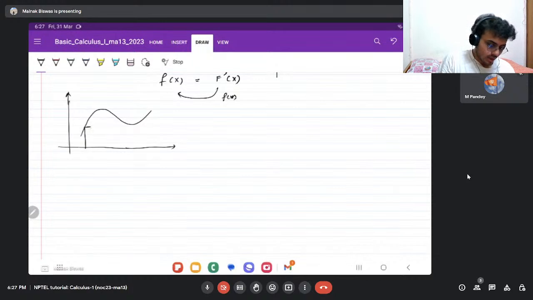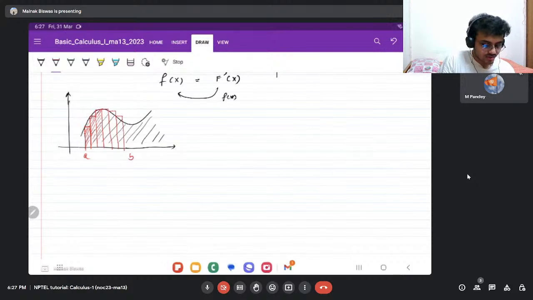So what we are going to do is, if we are trying to find this area, we will try to approximate it using rectangles. So how can you do that? In this case, you could, for example, say this is my area, right? If you had to find the area from A to B, you could use these areas, which you know because they are rectangles, right?